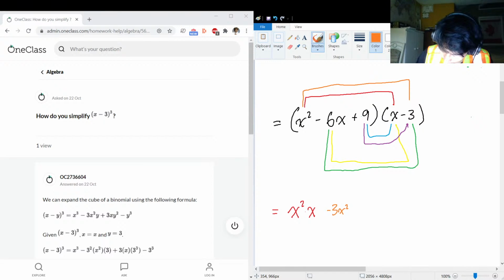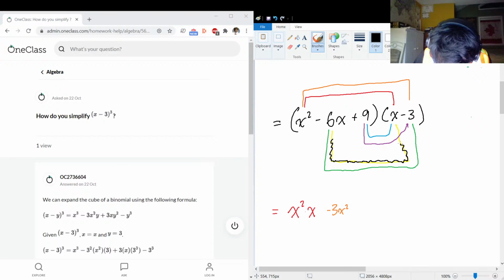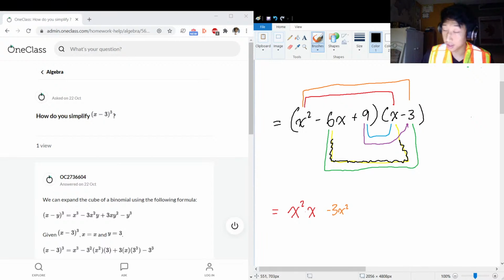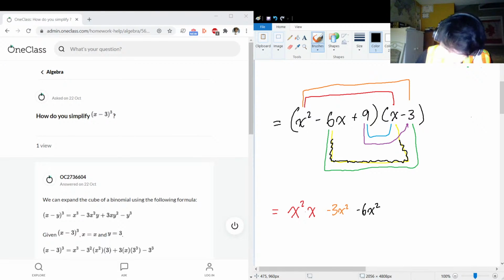Okay. Yellow I'll actually do in black because yellow is tough to see sometimes. We have negative 6x multiplied by x. I think that's negative 6x squared. Negative 6x squared. Sounds about right.